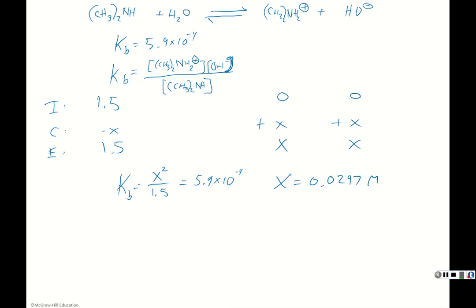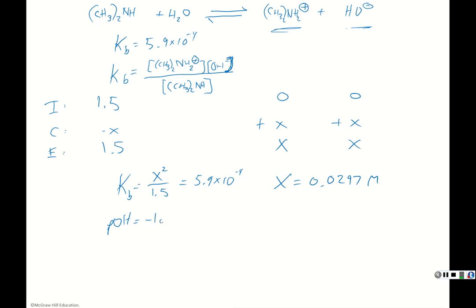Right, so this is our concentration of OH minus. It's also our concentration of our conjugate acid, but we don't really care so much about that. We care about our OH minus. So we can use pOH.